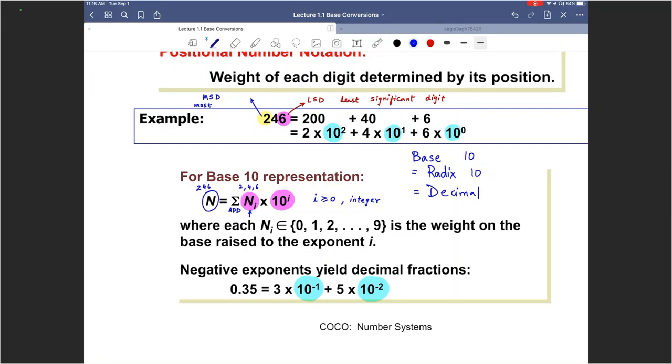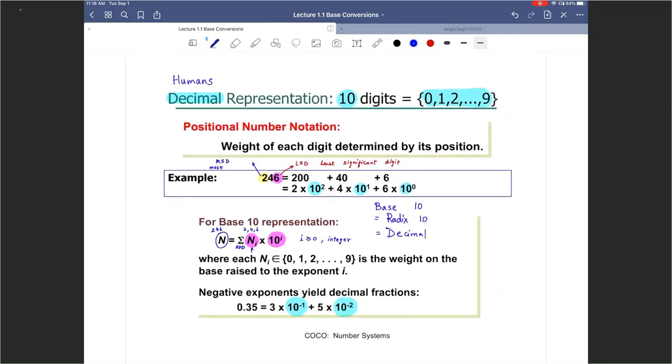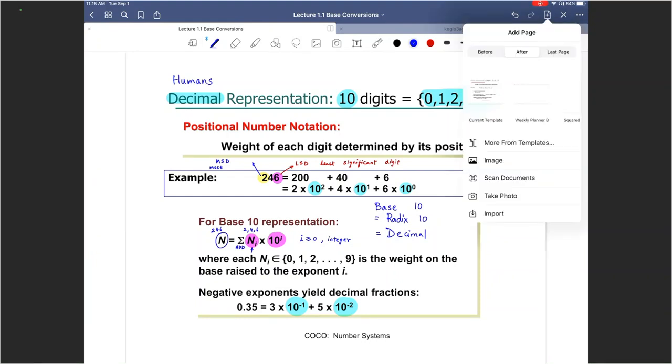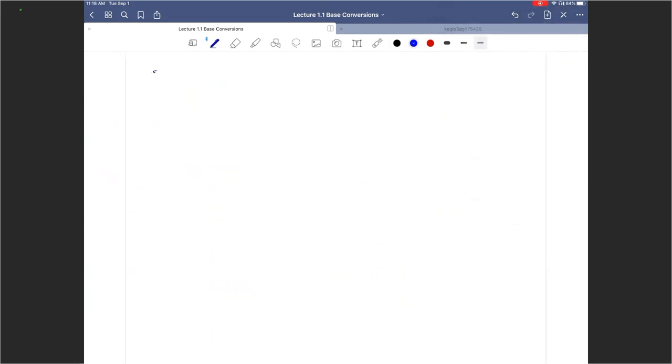So for example, let's just do a quick one. Let's see here. If I wanted to do 246.35 in decimal, using positional significance, I can represent that as 2 times 10 raised to 2, 4 times 10 raised to 1, 6 times 10 raised to 0, 3 times 10 raised to -1, 5 times 10 raised to -2, right?